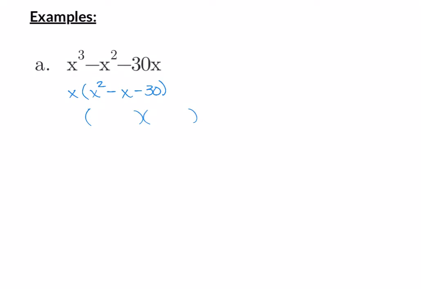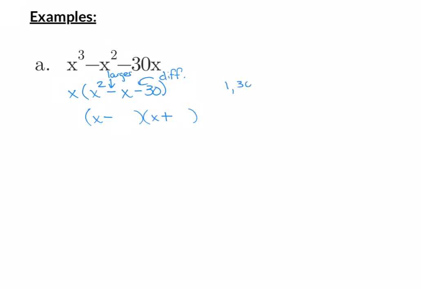All right, let's factor the trinomial now. My firsts are going to be x and x. Negative 30 tells me different signs. Negative x tells me the larger number is going to be negative. So now what multiplies to 30?